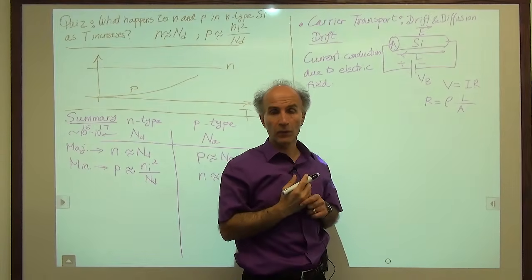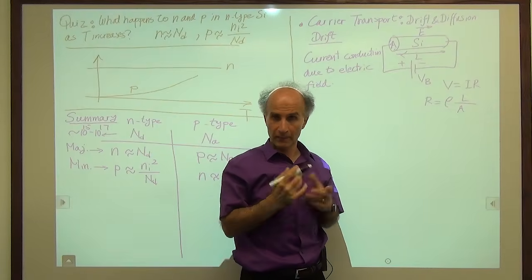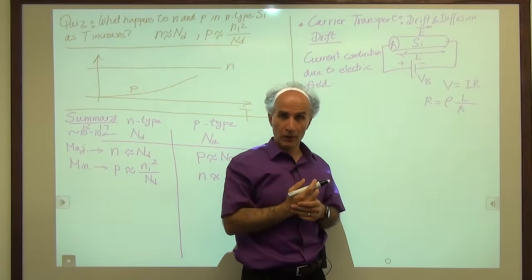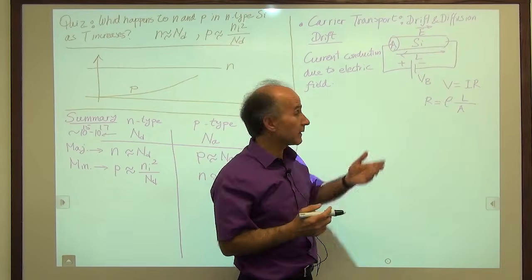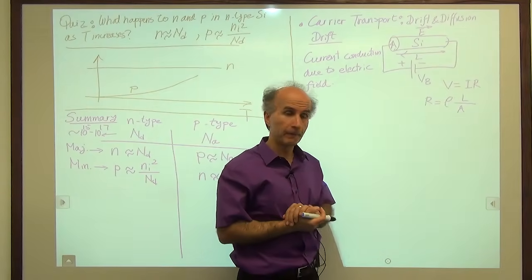And rho is what we call the resistivity of the material in that object. So the material could be metal, could be carbon, could be various things. In this case, it happens to be silicon.